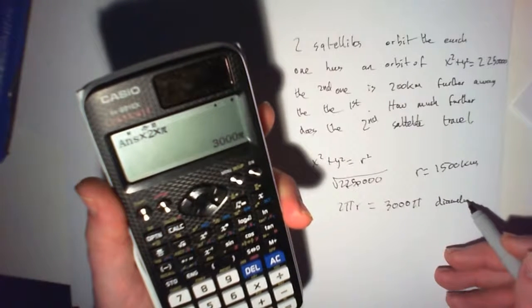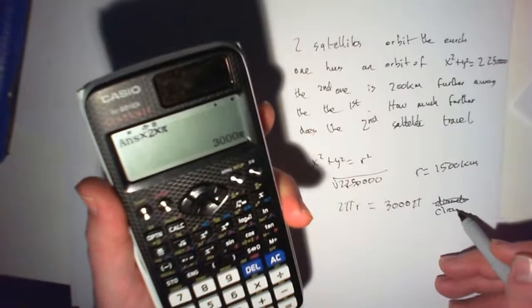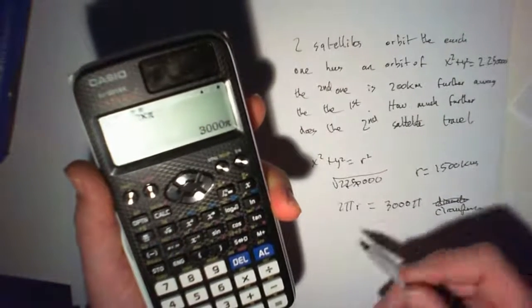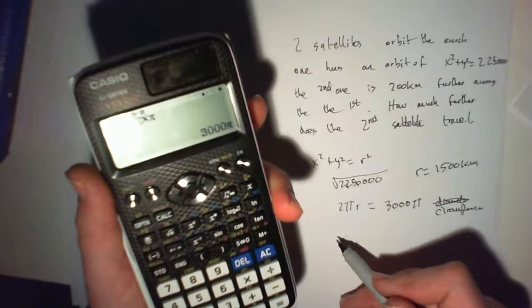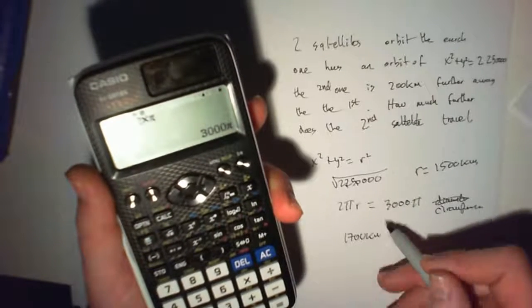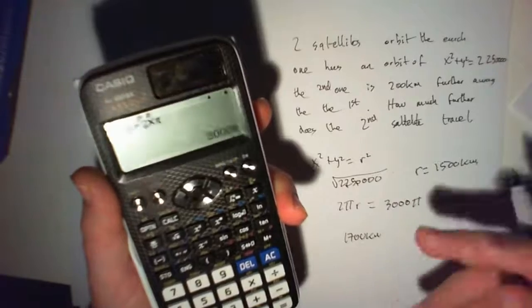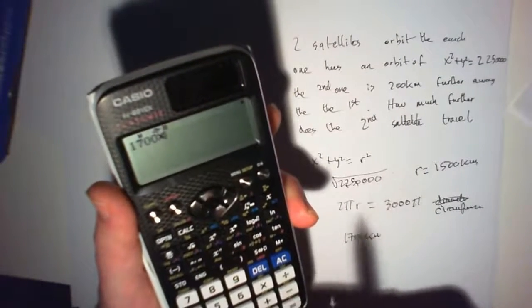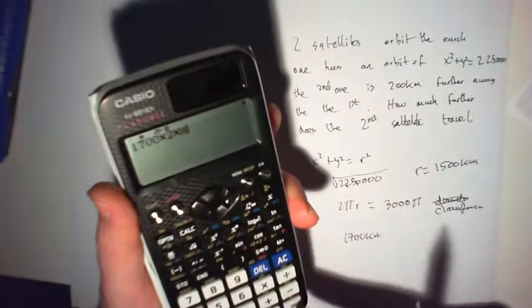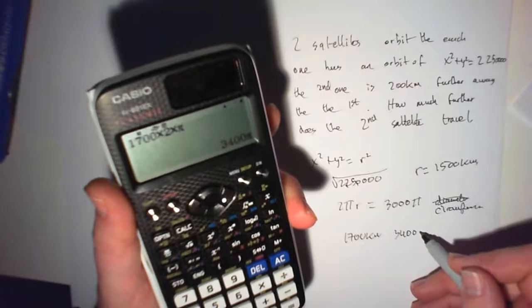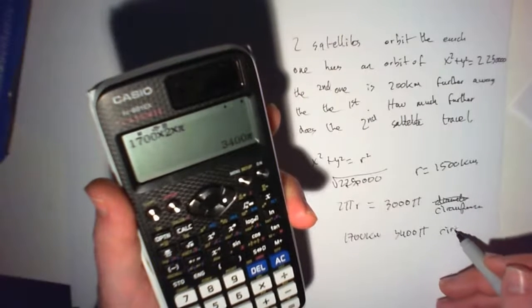Sorry, no, circumference. What am I on about? Circumference. Now let's take the second one. The second one is going to be 1,700 kilometers because it's 200 kilometers further away. So that's 1,700 multiplied by 2 multiplied by pi, which is 3,400 pi circumference.